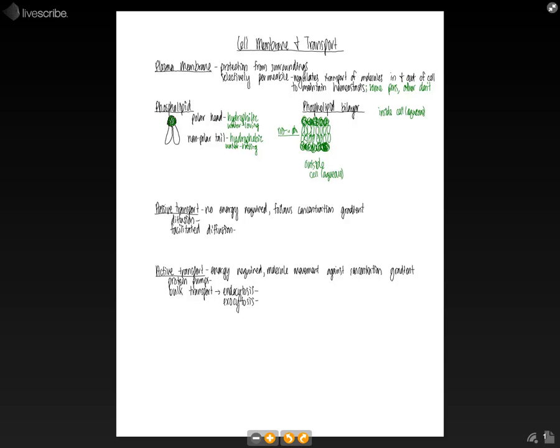And so some other things that we'll see in the phospholipid bilayer are going to be big things like this, which we'll just draw some more of the membrane over here. But this would be like a transport protein. And this is how some things are able to get across from the inside to the outside of the cell.